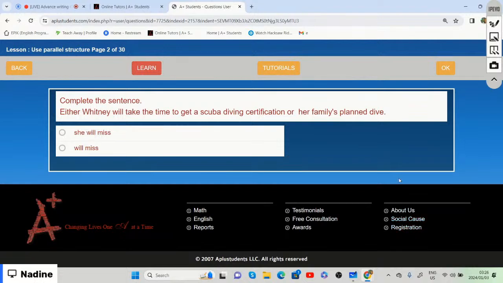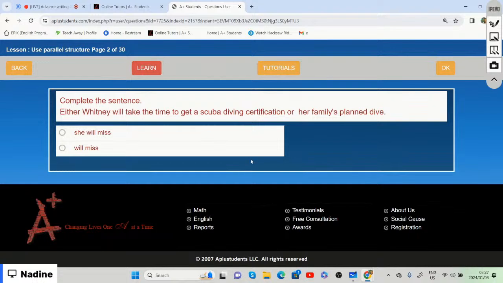So we need to complete the sentence. Either Whitney will take the time to get a scuba diving certification, or she will miss her family's planned dive.